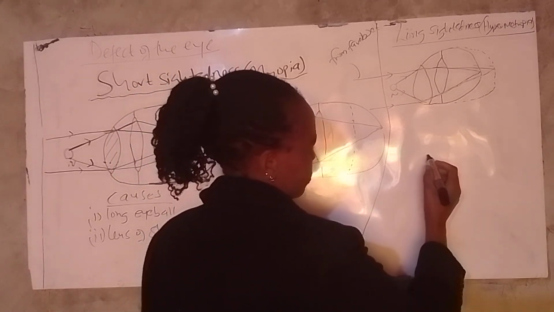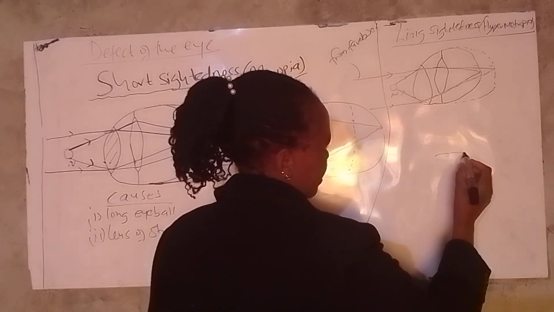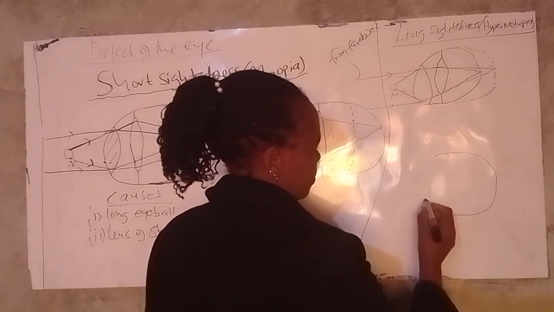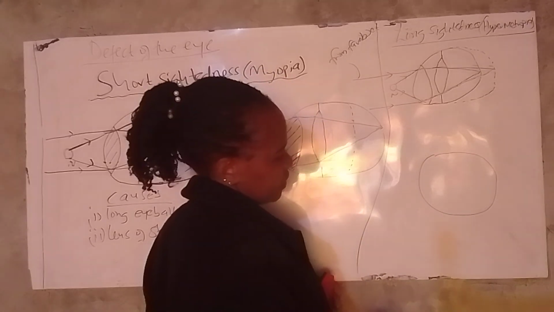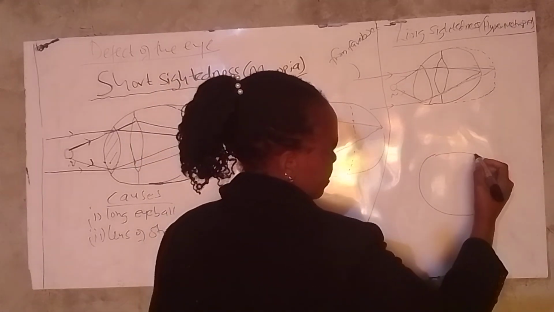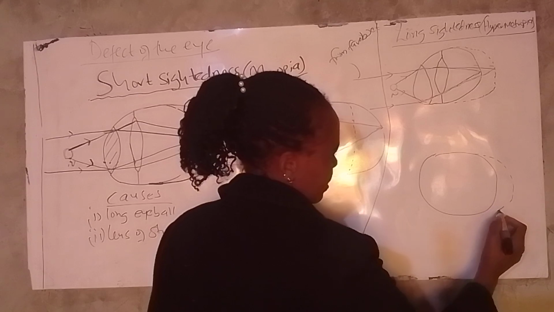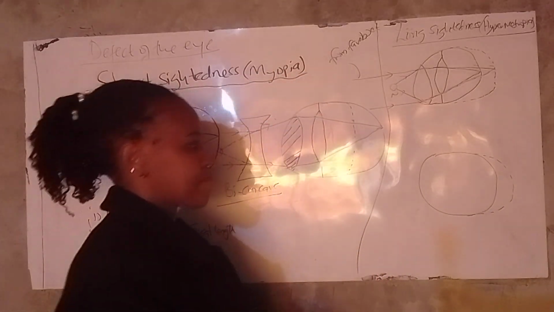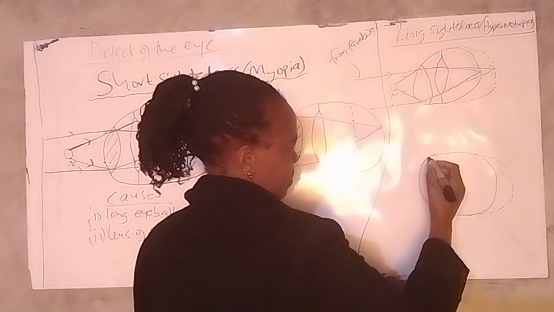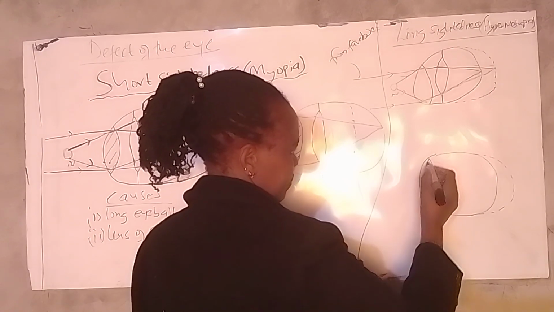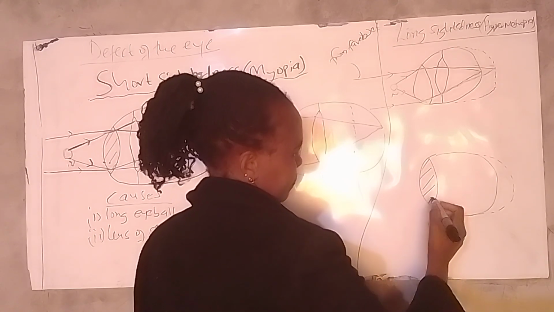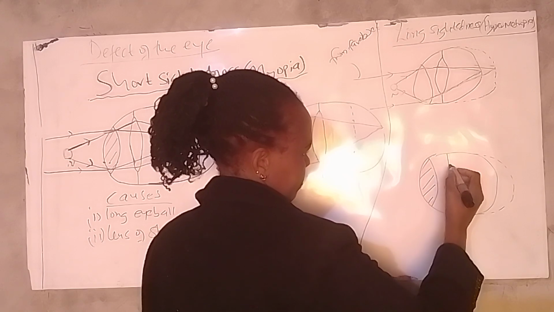So I'm going to draw the eye again. Okay. This is the far point where the retina should be, but is not. Then we have the cornea. We have our lens.